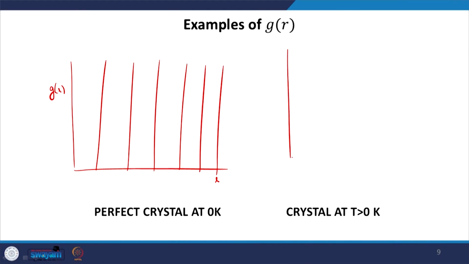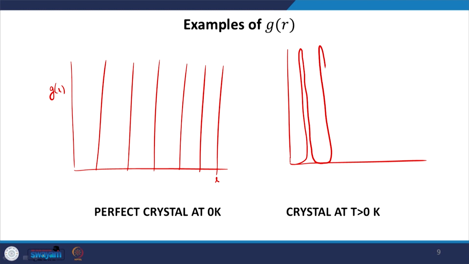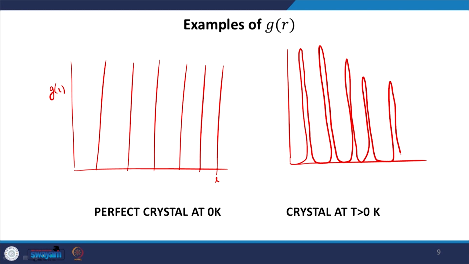For crystals at temperatures more than 0 Kelvin, this looks pretty similar to that, except that we have to account for vibrations. So, we still have peaks, but the peaks have a certain small width that accounts for the fluctuations or vibrations of the particles in the crystal, right.